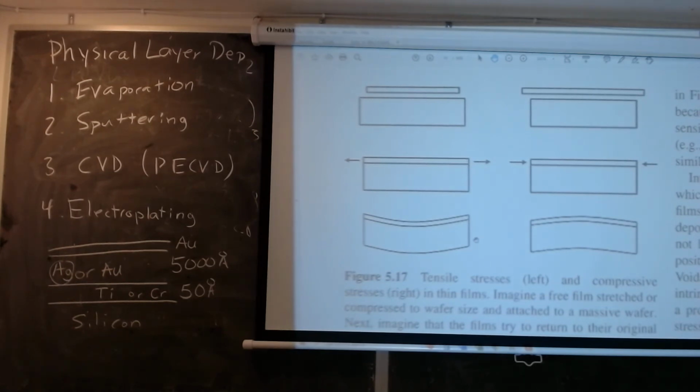Now, you wouldn't ever actually see this to this extent. If you saw this much bowing, everything would have probably cracked by then. The bowing is usually on the order of maybe 10 microns across a 2 or 3 inch wafer, so it's not that much.